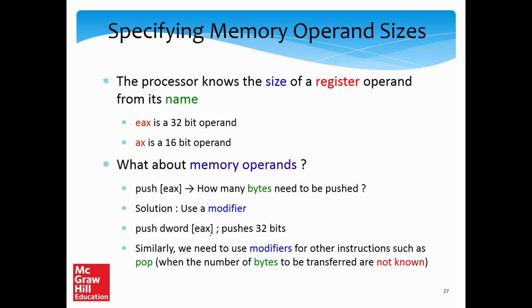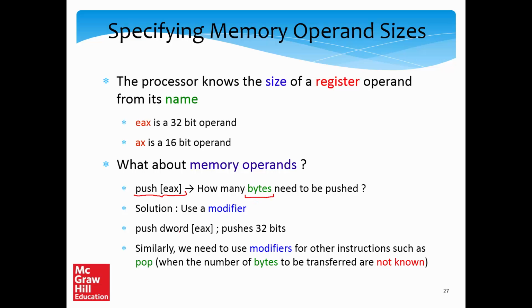Let's take a look at an instruction of the form push EAX. In this case, we read the value of EAX, we get a 32-bit memory address. We access memory, we read some bytes and push them onto the stack. But the question is, how many bytes need to be pushed? Is it 2 bytes, 4 bytes, 8 bytes?